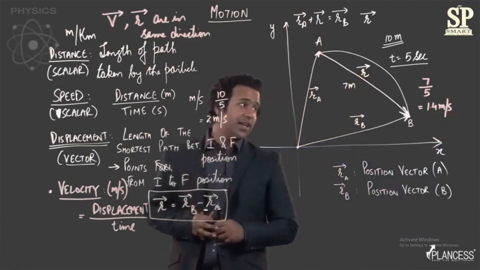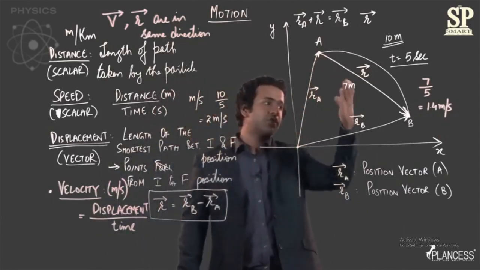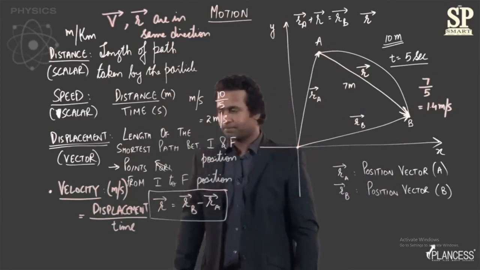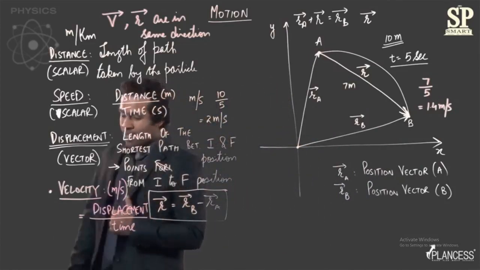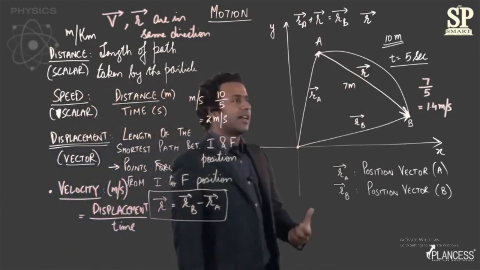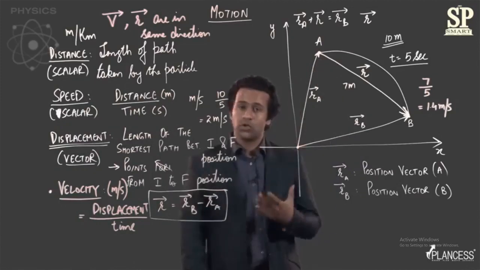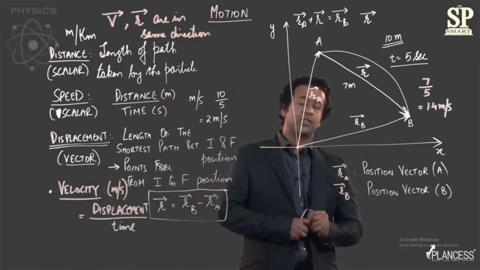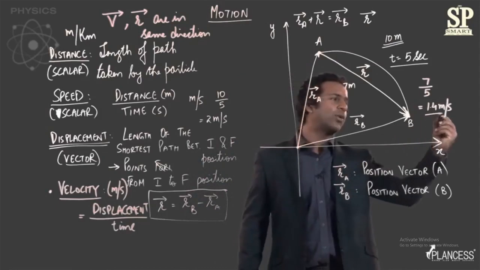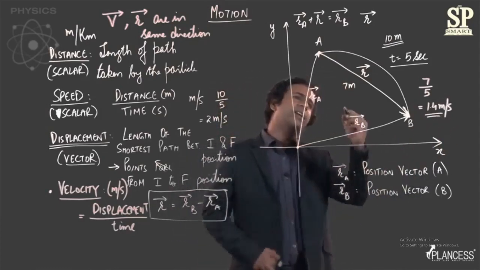So this is basically the velocity of this particle as it goes from A towards B. Right. Now, what about the direction? Since the displacement points from A towards B, velocity also points from A towards B. So this vector, which has magnitude 1.4, once again points from A towards B.